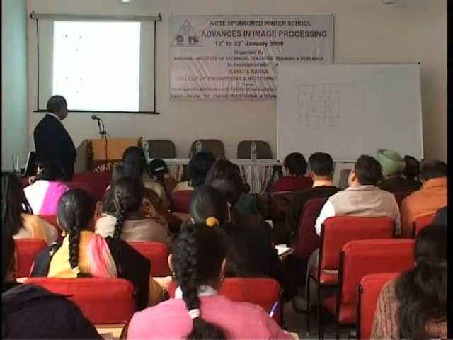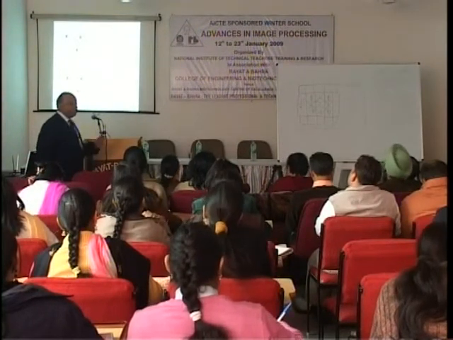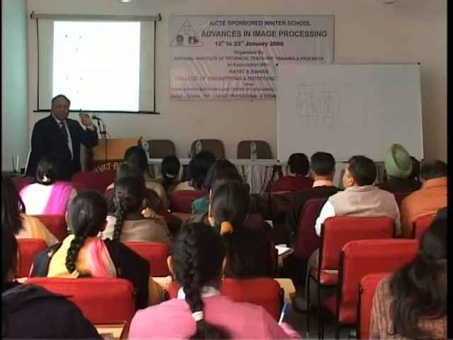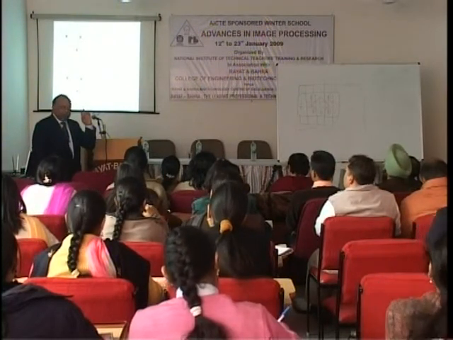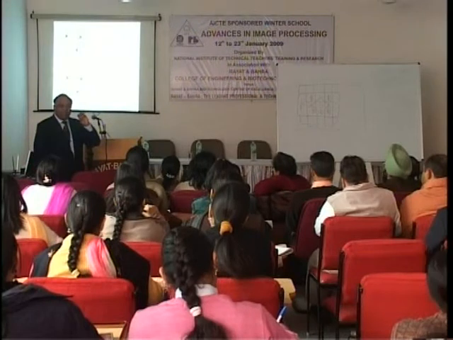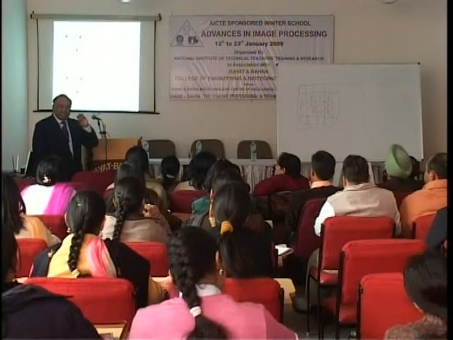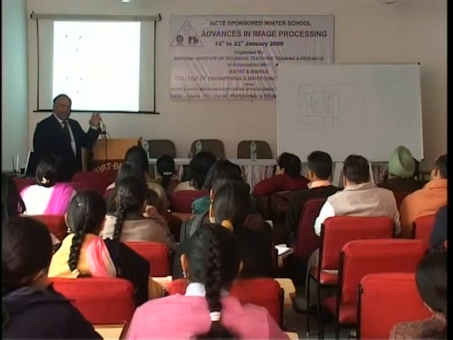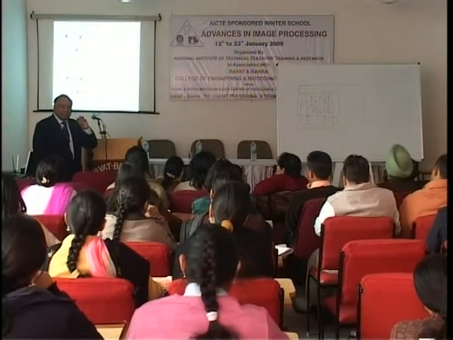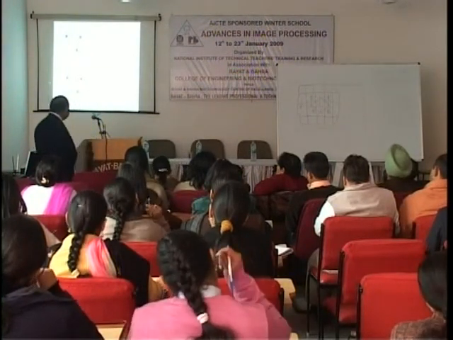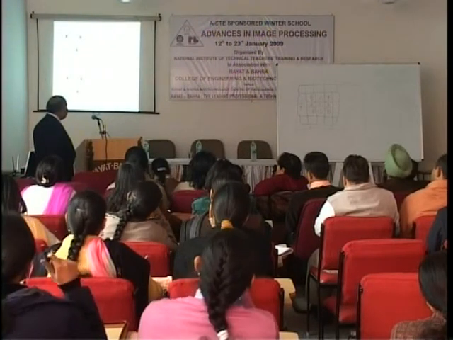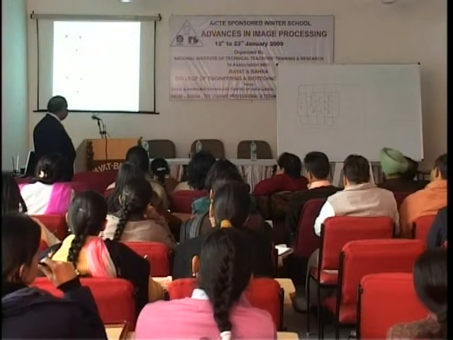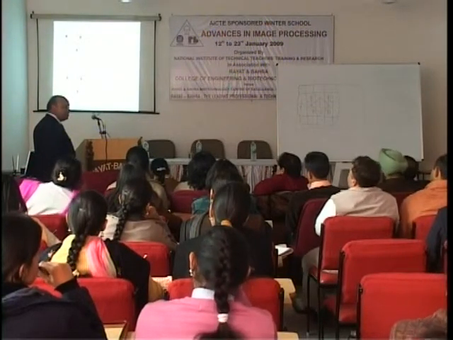When I dilate, I am increasing the white area. With opening, I was increasing the black area. With closing, I am increasing the white area. By increasing the white area, this black dot is gone.